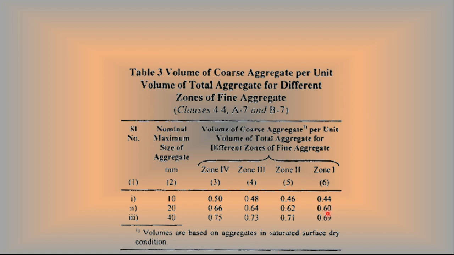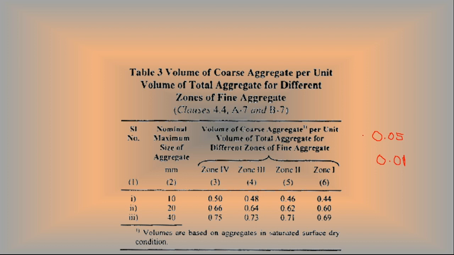So, this value will change for every 0.05 difference of water cement ratio, there will be an increase in the aggregate content of 0.01.